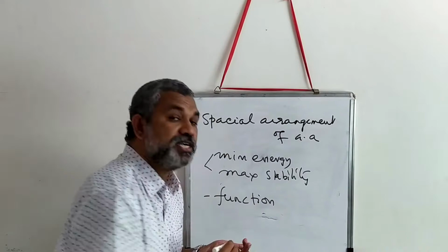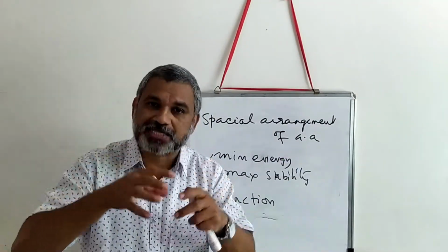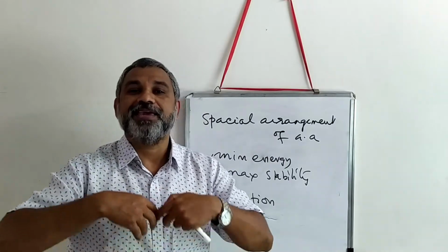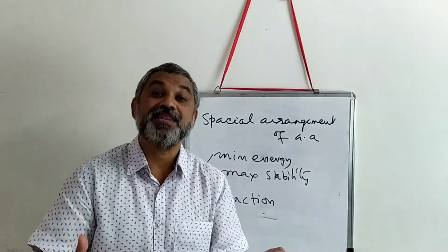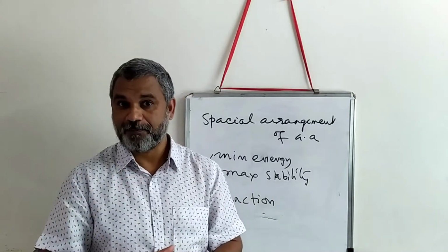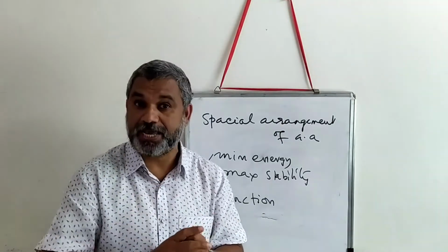So if you denature a protein and try to assemble it n number of times, there is a possibility that there can be n number of possible arrangements. It may not fold in the same manner each time.